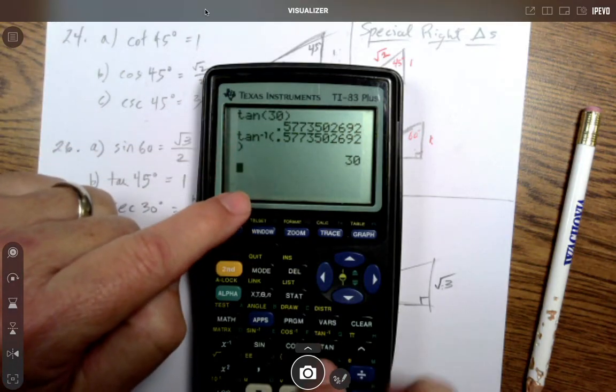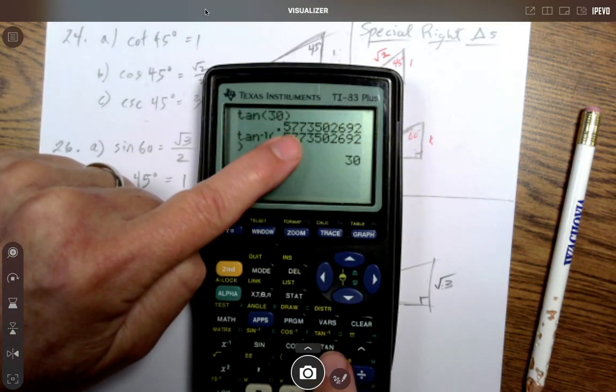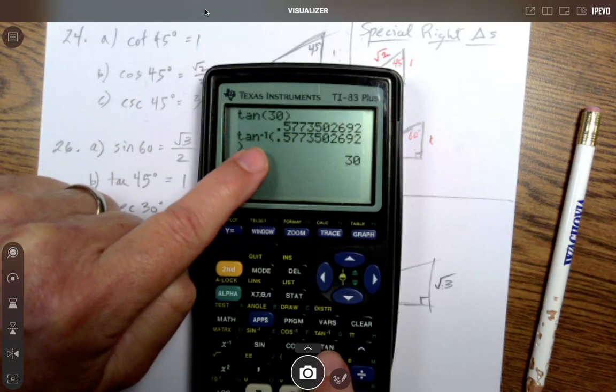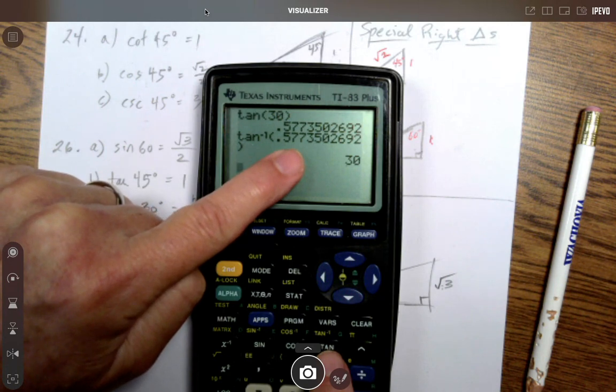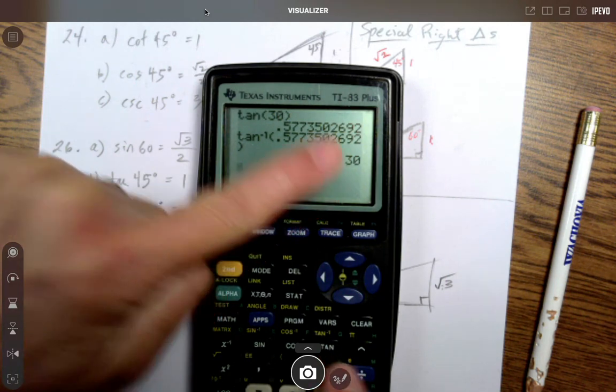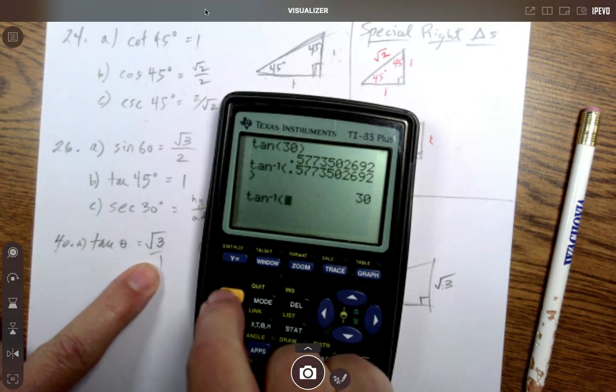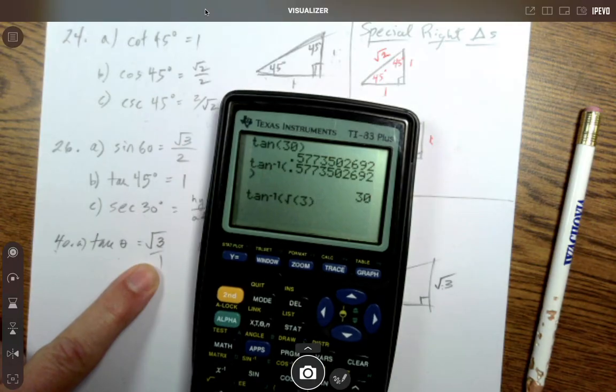All right. You see how it works. So the tangent function, you input an angle, and it outputs a ratio. It's actually a ratio of two sides of a triangle. Inverse tangent, you input the ratio, and it spits out an angle. All right. So if I do inverse tangent of square root of 3, it should spit out an angle, 60 degrees.